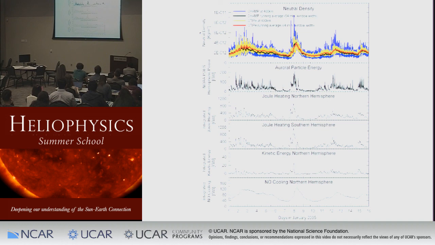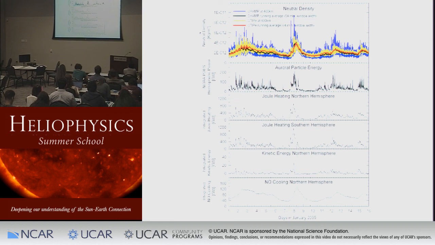And then finally, in addition to all the heating terms, there is the cooling term. And we mentioned earlier, if you had nitric oxide, methane, carbon dioxide, these are extremely good radiators. And what you have is, at the peak of this storm, 120 gigawatts, which is kind of in the ballpark of these things.